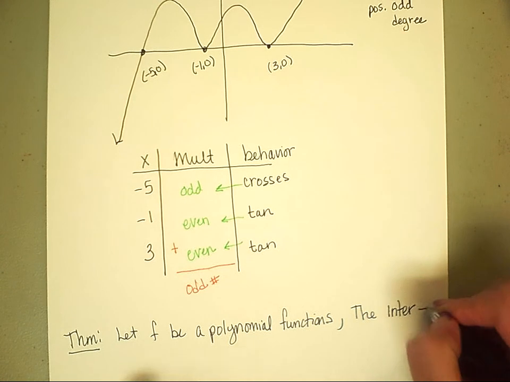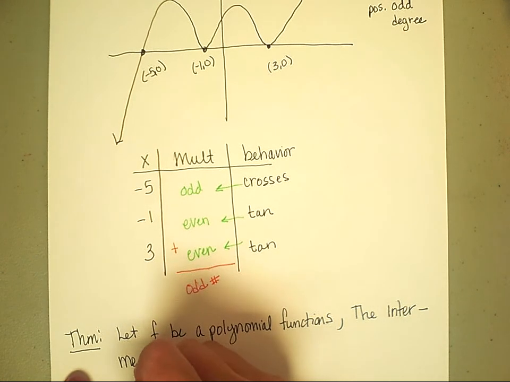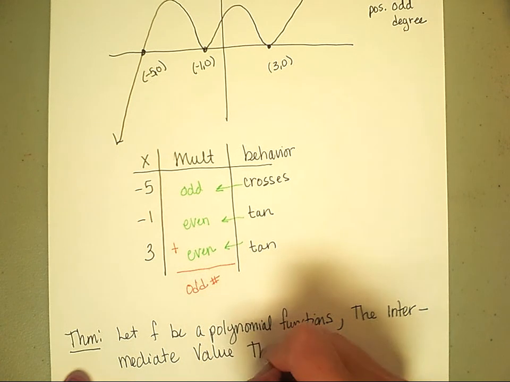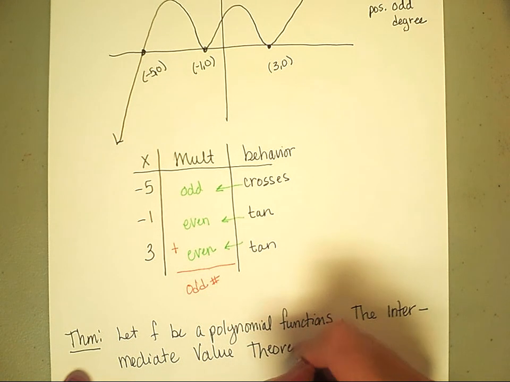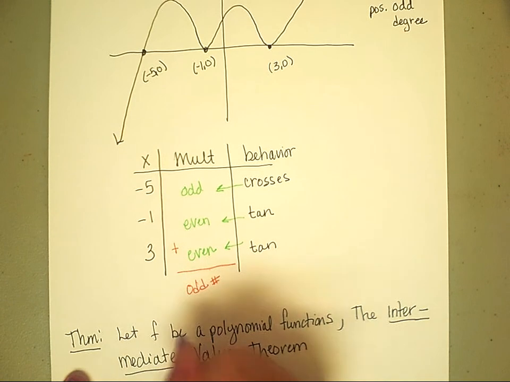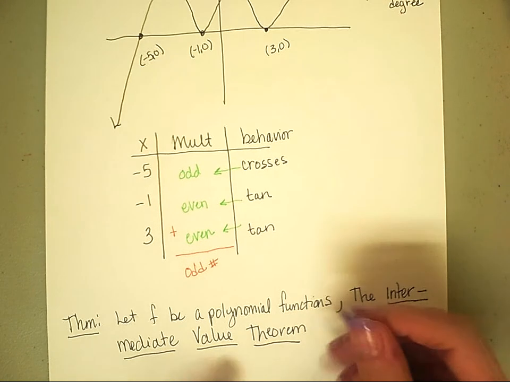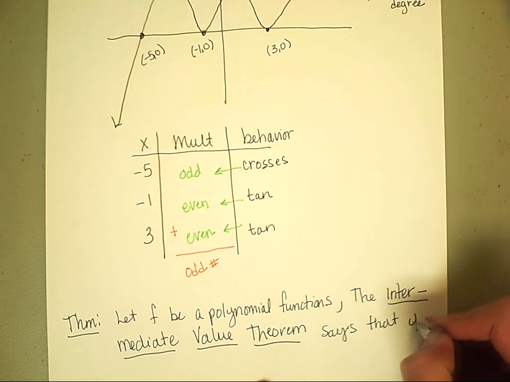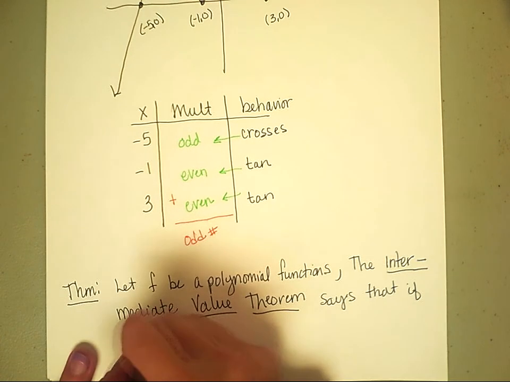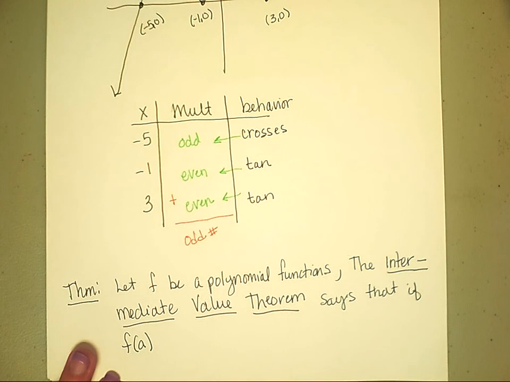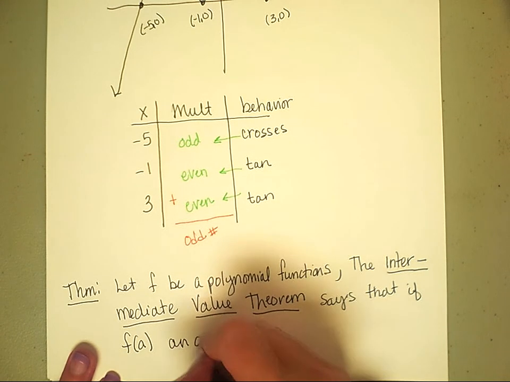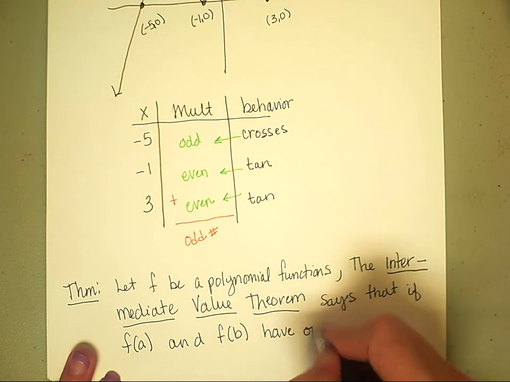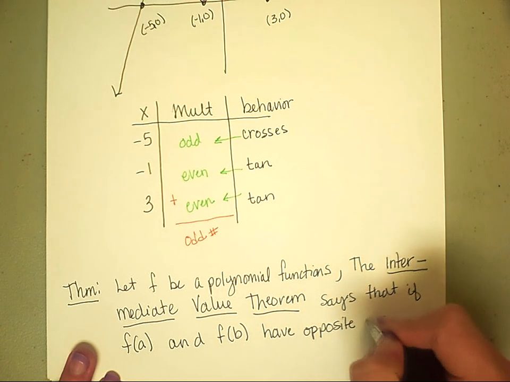the intermediate value theorem, okay, so this is the important part, the intermediate value theorem, says that if the function evaluated at some a value and the function evaluated at some b value have opposite signs.